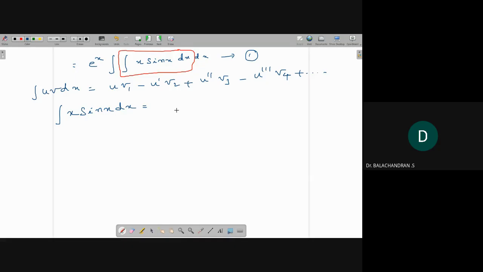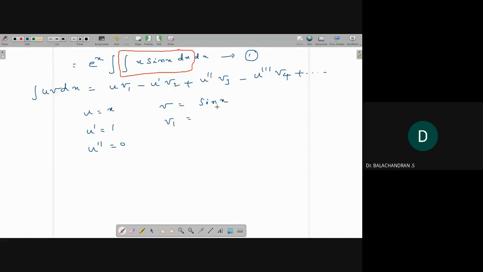Any one of you? Otherwise, first I will tell you: u equal to x, v equal to sin x, u dash is 1, u double dash is 0.